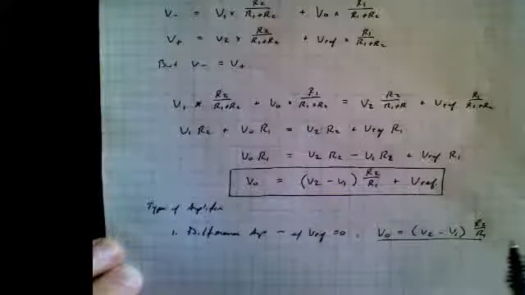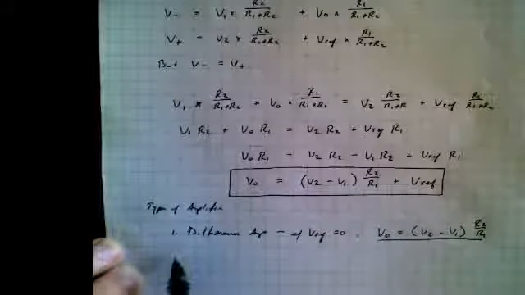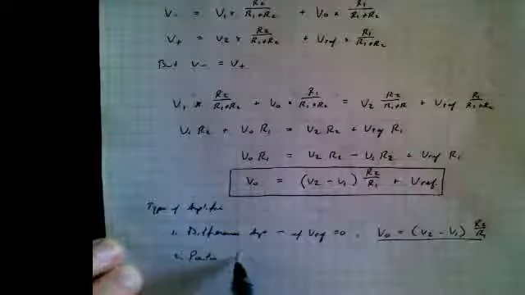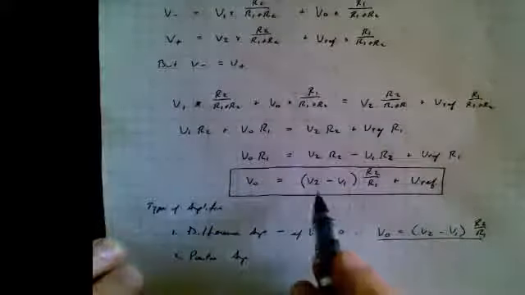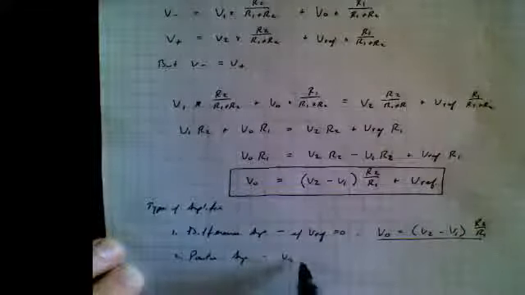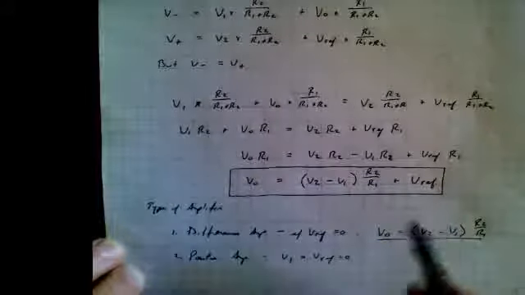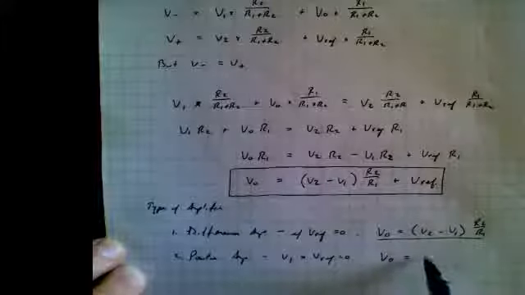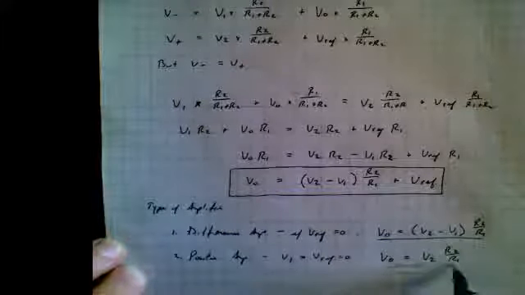Now, let's say that we wanted to get a positive amplifier. And to do that, we would simply say, let V1 equal Vref equals 0. So what do we get then? We get VO equals V2 times R2 over R1.